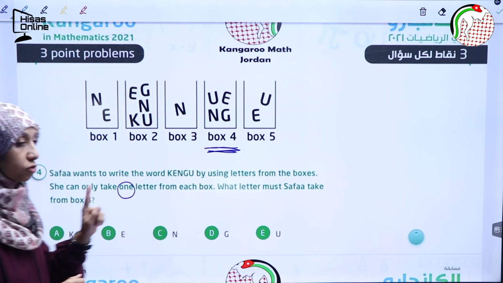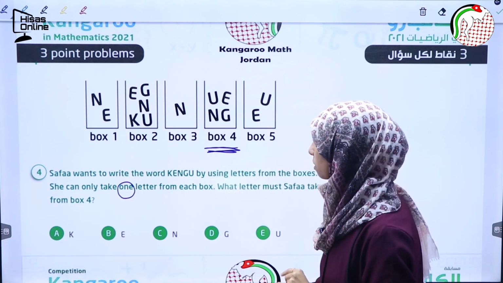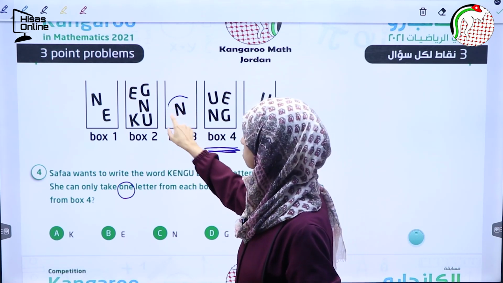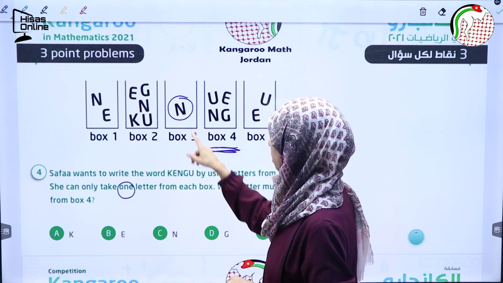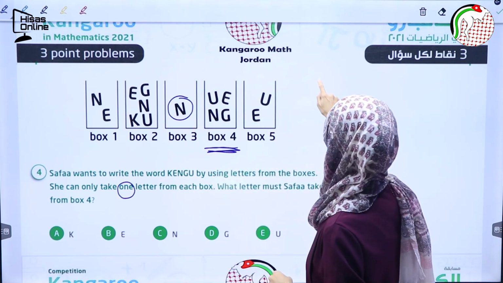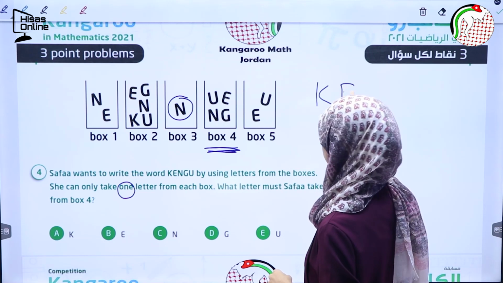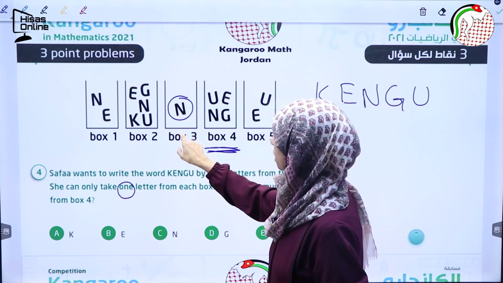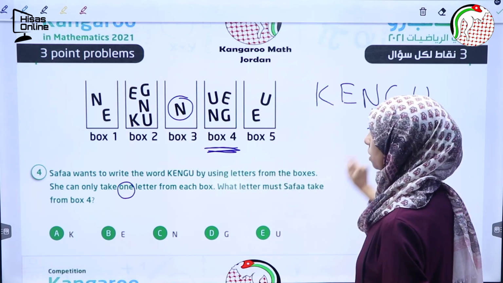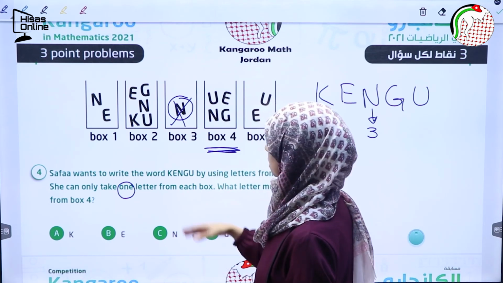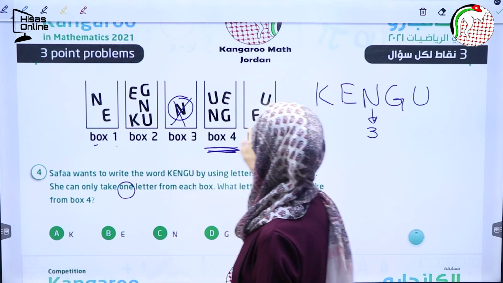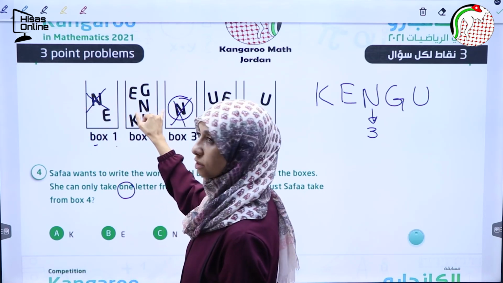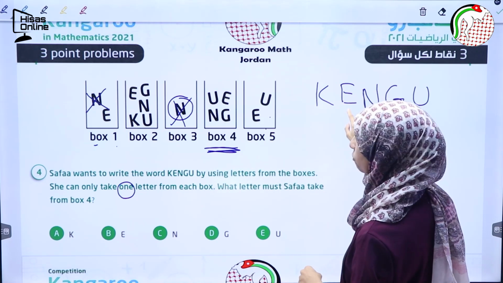Since I can use one letter only from each box, I need to start with box number 3. It has only one letter. So, let's write K, E, N, G, and U. Now, letter N from box number 3. What comes next? I have 2 letters here and 2 letters here. N is already taken, so I will take E from box number 1.